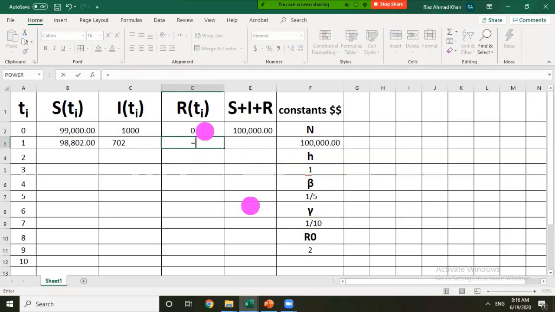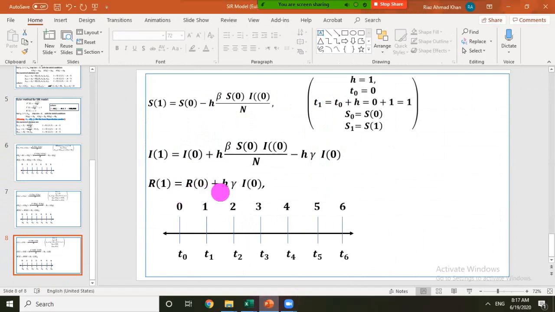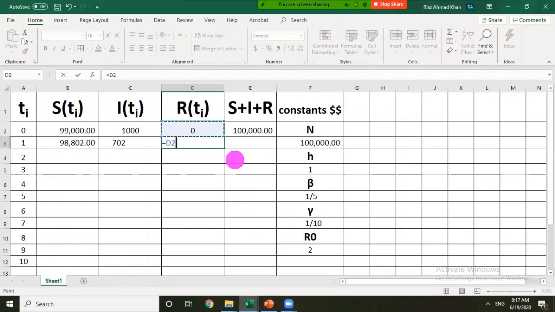Similarly, R of 1 is equal to R of 0 plus H gamma I of 0, plus H with dollar sign, asterisk, gamma dollar sign again, asterisk, I of 0.